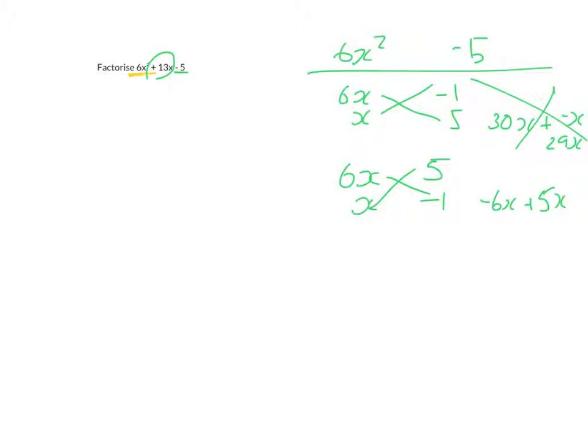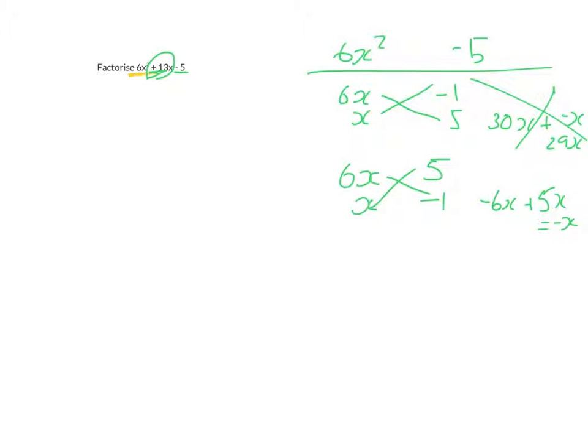So minus 6x plus 5x will be equal to negative x, which is not the 13x that we're looking for. Those numbers don't appear to be working very well. We can go through and swap the negatives over, so we could try multiplying by negative 5 and positive 1, but we're looking for a positive term in the middle, plus 13. So I don't think the negative 5 is going to work. It'll make it two negatives.